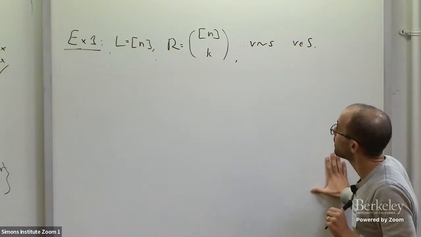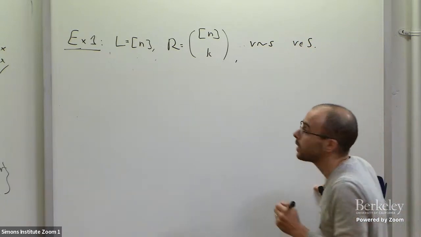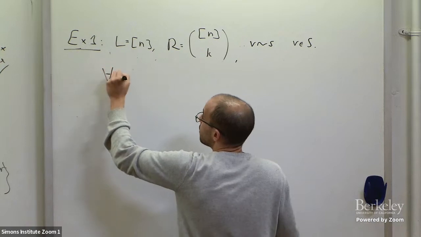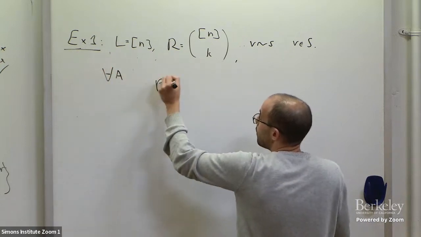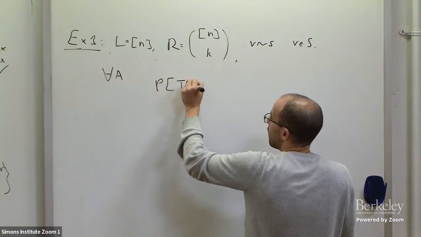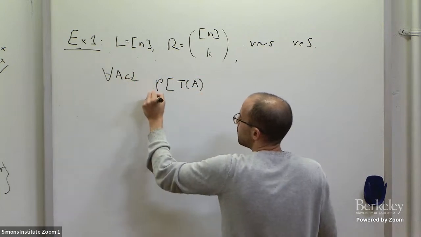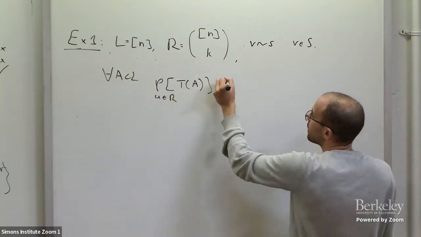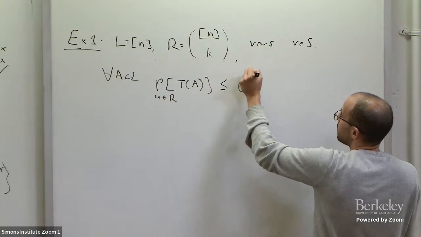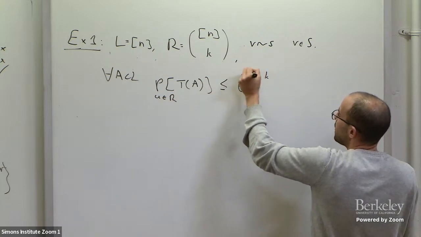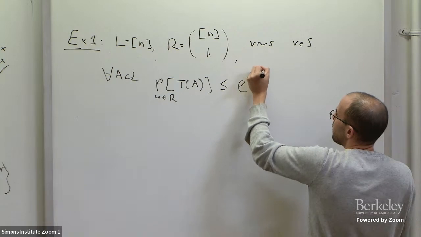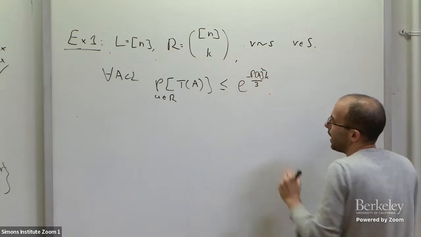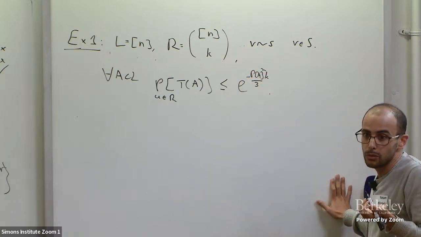By standard Chernoff bounds, one can show that for every set A, the probability of the vertices on the right that sample A badly is at most e to the minus k times the probability of A squared. And why is this true?